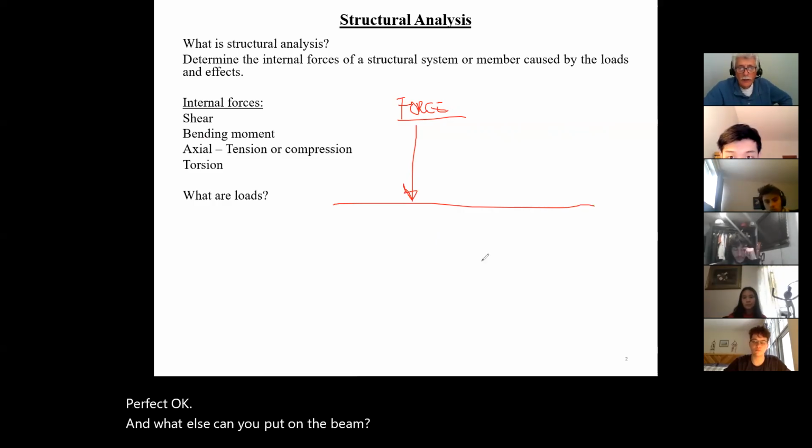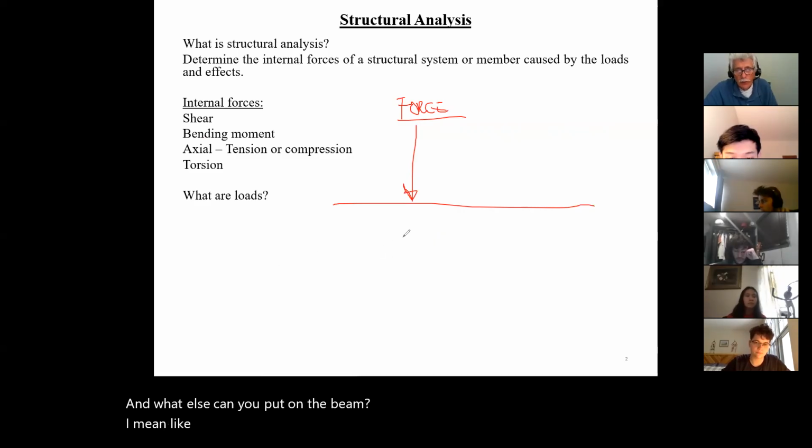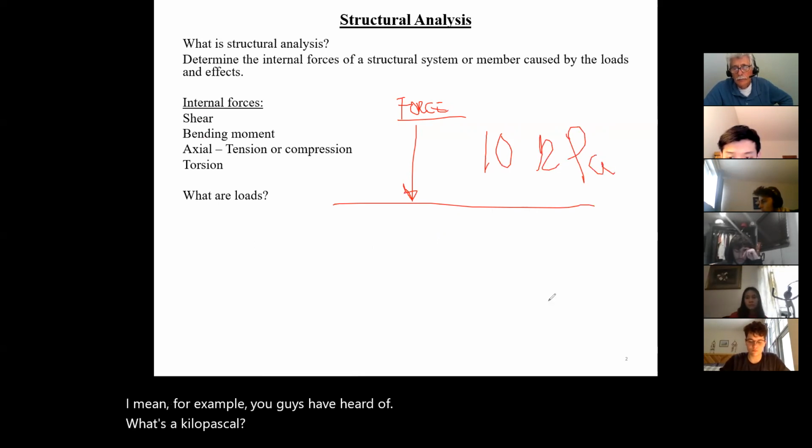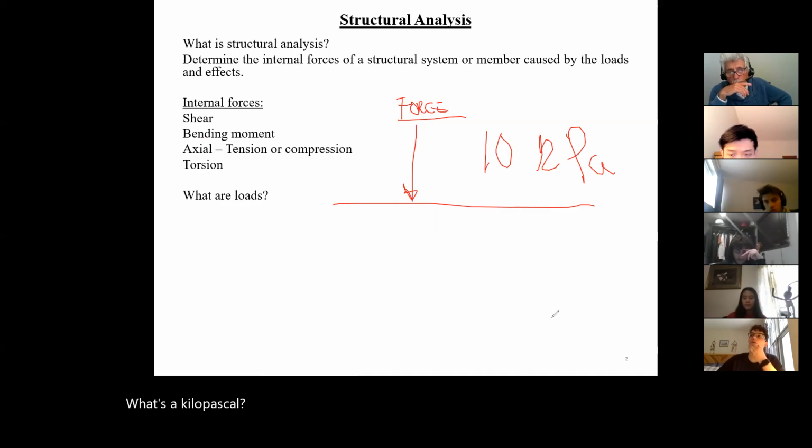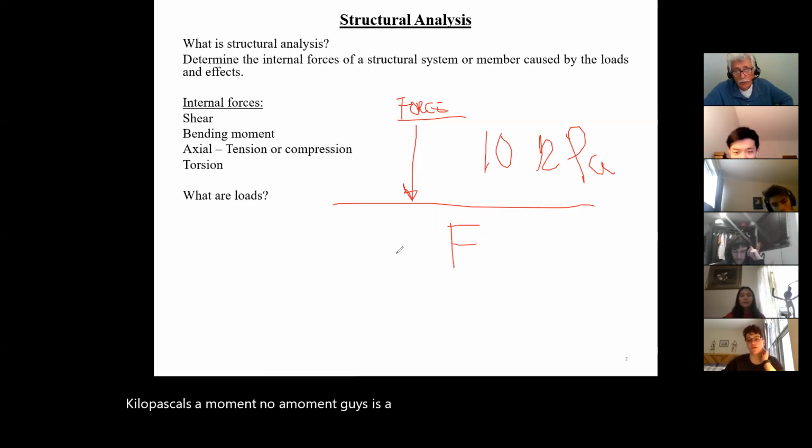Well, for example, you guys have heard of what a kilopascal is? A moment. A kilopascal is a moment? No. A moment, guys, is a force times a perpendicular distance.